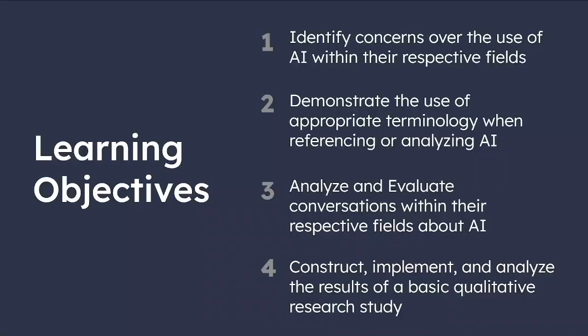We also are a qualitative research methods course, and I think I'm the only qualitative research methods class within the Data Science and AI Academy. And that's for a couple of different reasons. You'll see the last learning objective up here addresses that. The big one is that use of AI is well documented in quantitative research.